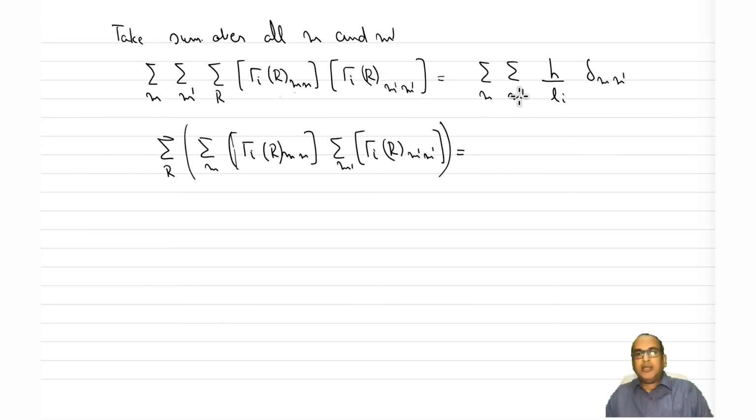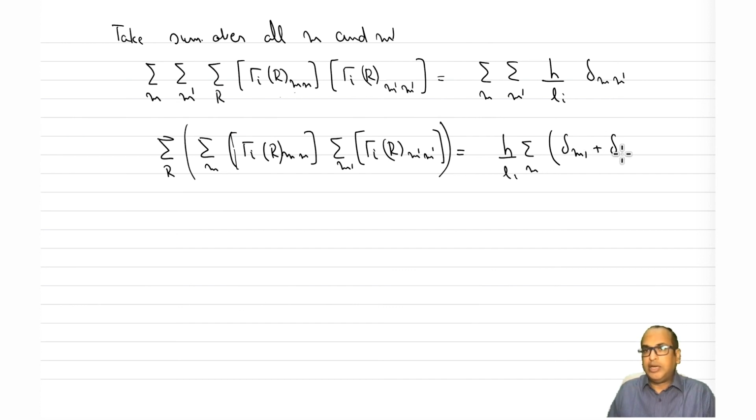Now let us expand one of these summations. So let's say h over li, summation m. So this becomes delta m1. So I'm expanding m prime from 1 to li, plus delta m2, delta m3, and so on.